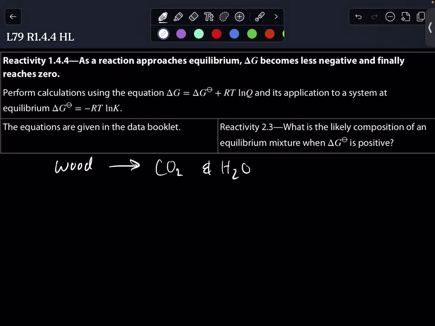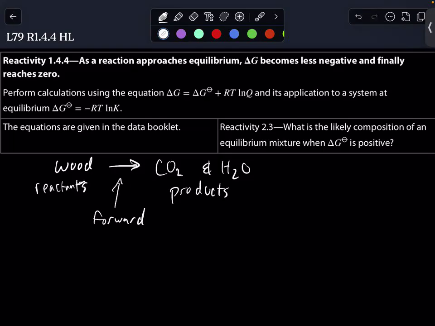Now, you can't get those back into wood. In these reactions, we think of them as unidirectional. We have some reactants and we have products, and it moves forward. That's what we mean with this arrow. The reaction progresses in a forward direction.